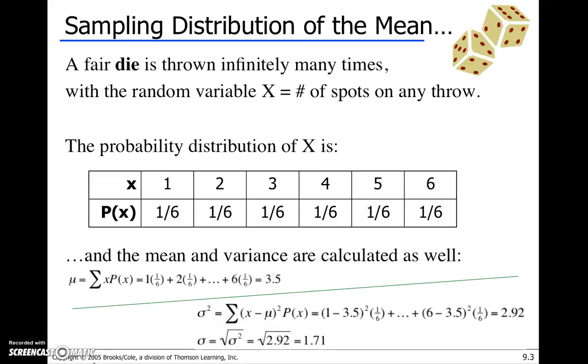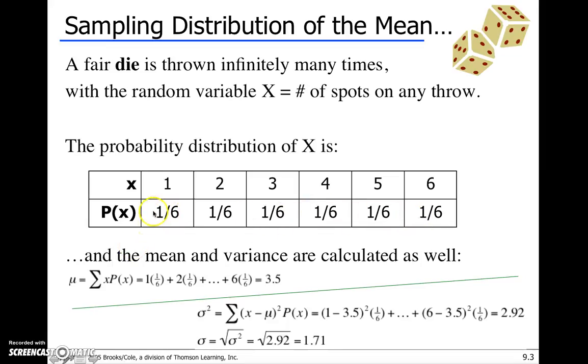A fair die is thrown infinitely many times, and the random variable x is equal to the number of spots on any throw. The probability distribution of x, for one die, is x = 1, 2, 3, 4, 5, 6, and the probability in each case is 1/6.